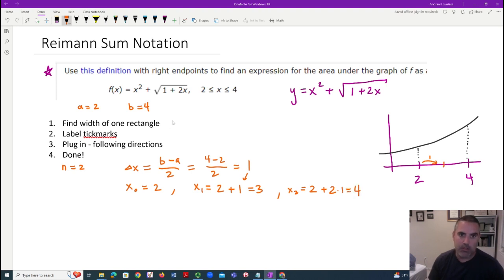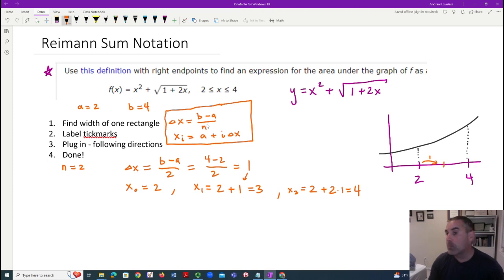The reason I'm saying that is so you can see that the pattern is B minus A over N. And in order to get to a certain tick mark, you start at A, and then you add the width times the number of steps. So these are really our only formulas here. And we're trying to make sense of that, and that's usually where the confusion is.